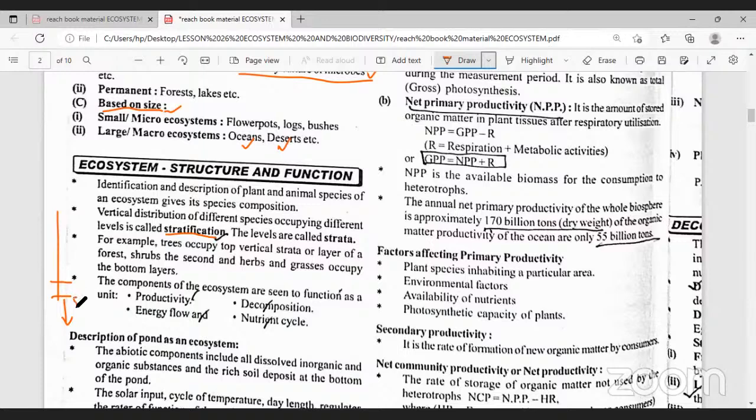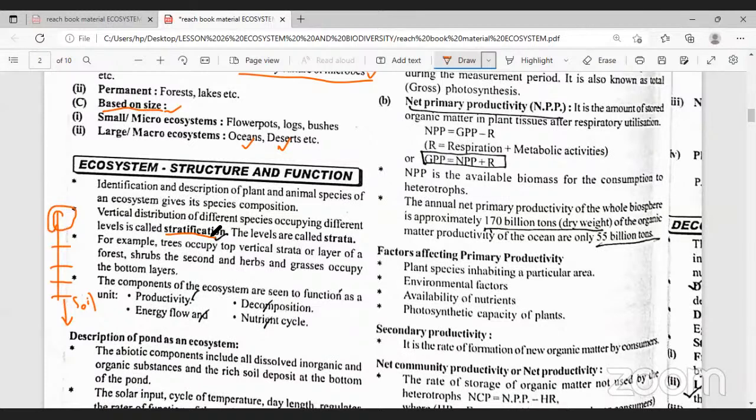This part is considered the soil part. Some of the birds grow in this part. Some of the microorganisms, lizards and so on, will live in this part only. And at the maximum high level, some of the animals grow. So this is called stratification.